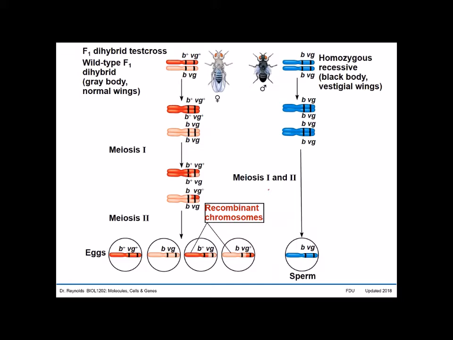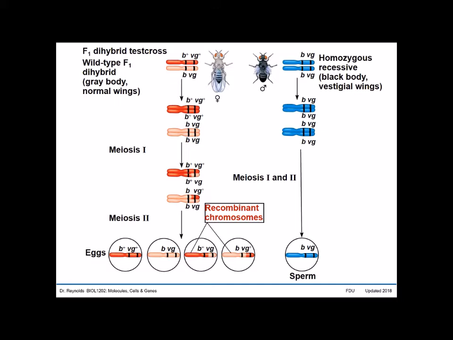So here's an example of that crossover. You can see here these are the individual from the F1 generation and the 2 chromosomes inherited from the true breeding parents. These duplicate in the interphase before meiosis, and during meiosis 1 we can get crossover between the 2 non-sister chromatids that are lining up at the metaphase plate.